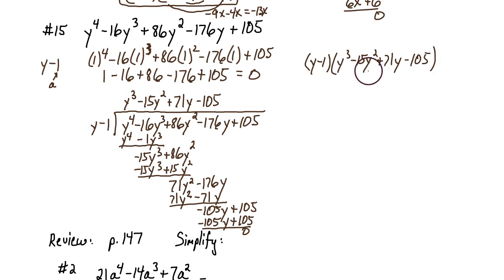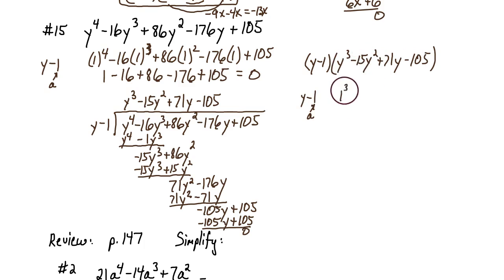Does this four-term polynomial factor farther? Well, it probably does, but we need to find a factor that will work. Let's use the factor theorem again. What would you like to try? Do you think y minus 1 might be a factor again? If so, then the value of a would be 1. Let's see what happens when we replace the letter y with a 1.